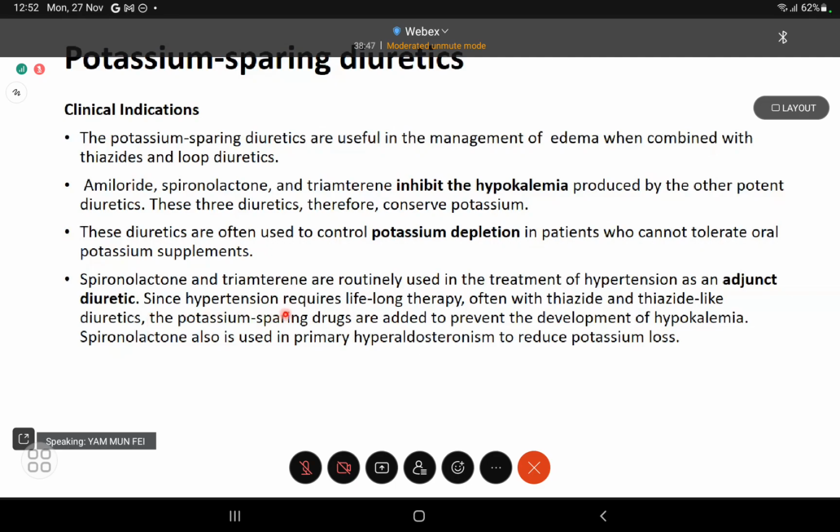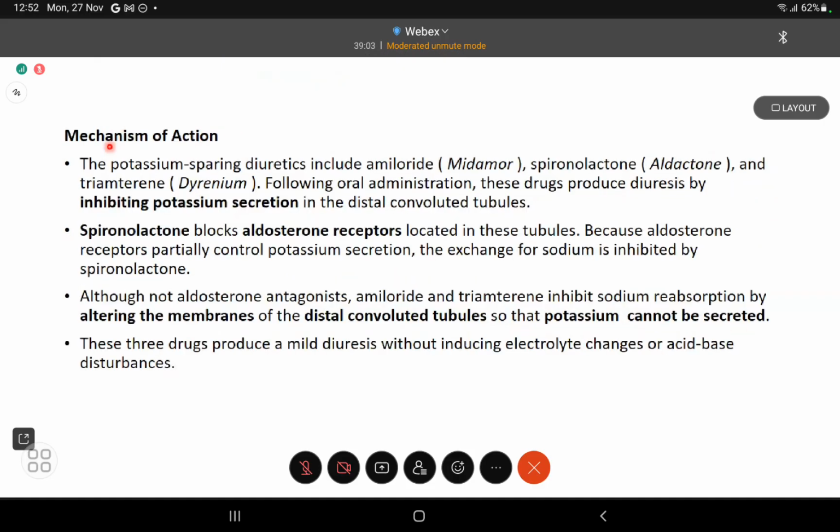Hypertension requires long-term treatment. That's why we need to use a thiazide or thiazide-like diuretic and a potassium sparing drug together to avoid the hypokalemia effect. Okay, clear? Even though they are from the same group, some of them might have different mechanisms of action, but mostly all of them inhibit your potassium secretion.